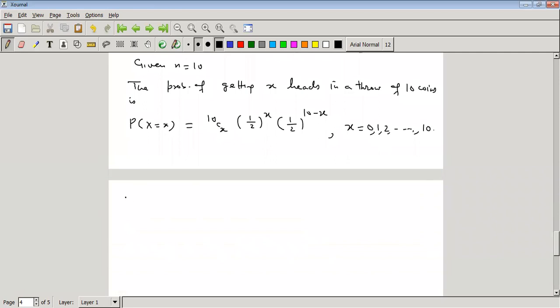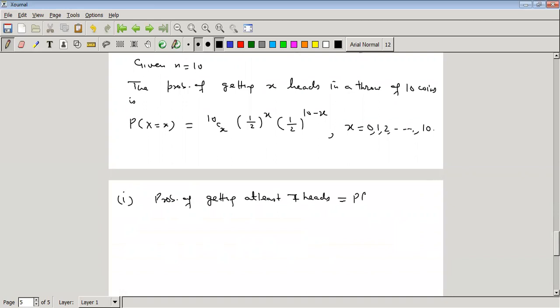Now, in the first part, we have to find the probability of getting at least 7 heads.